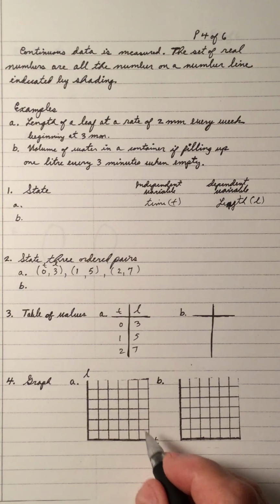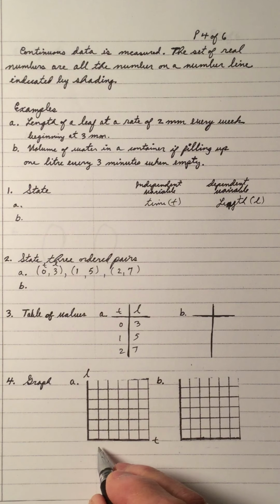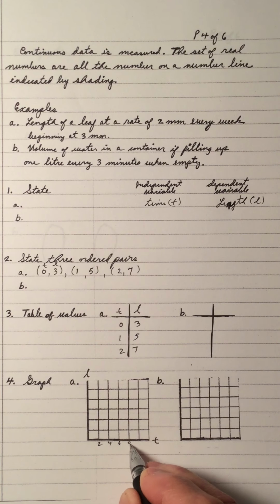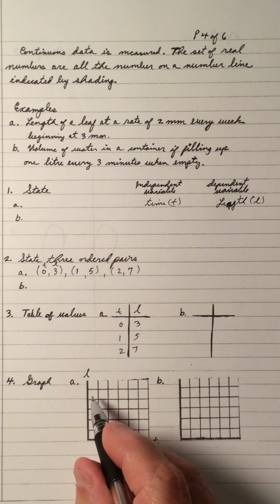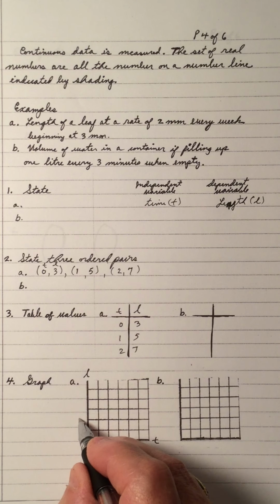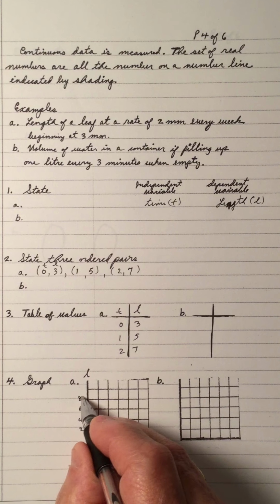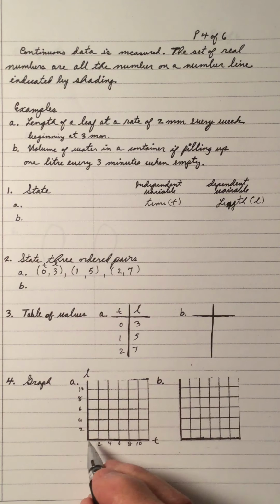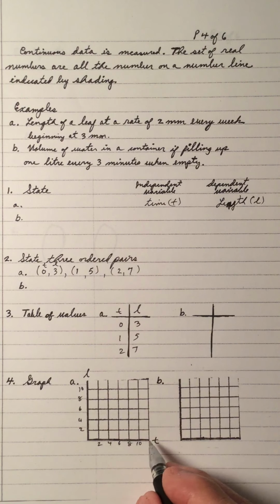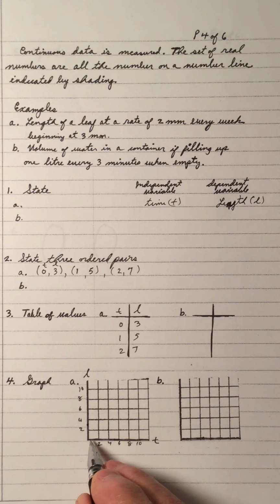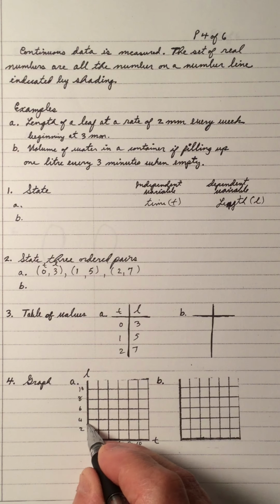If you think about it, this could be a 2, a 4, a 6, an 8, a 10, etc., and your length could be 2, 4, 6. The only reason I double these up is so I can get them all in there, because I have a small grid. So at 0 weeks, the leaf is 3 long.